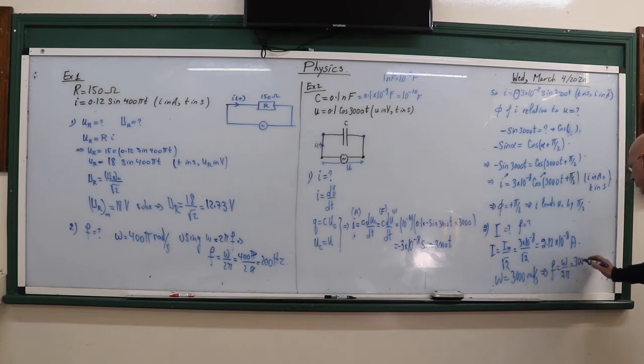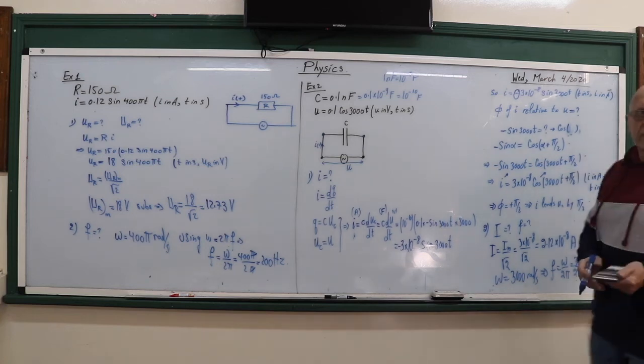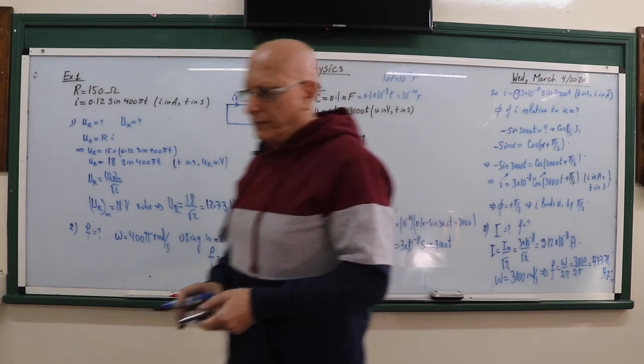You get 3,000 over 2 pi, which gives you 477.71 hertz.